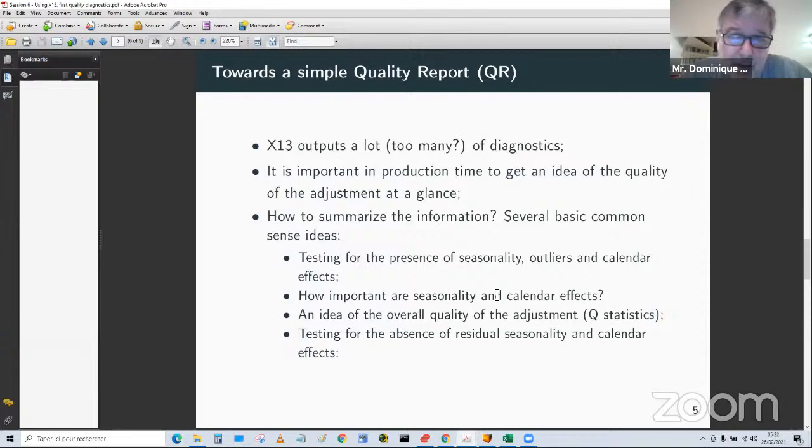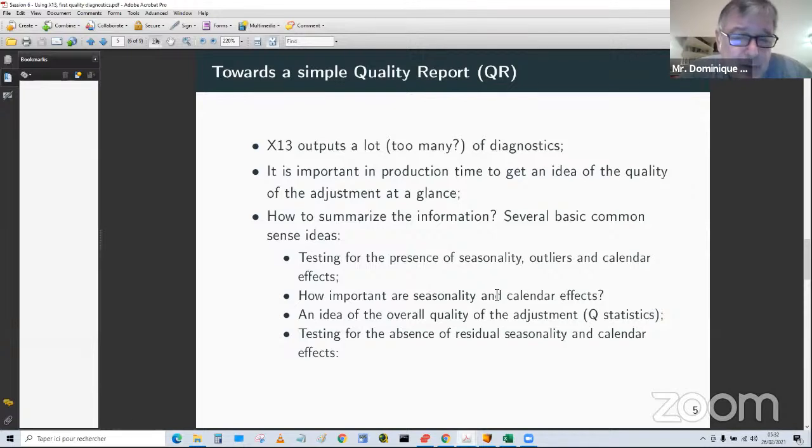So whether I have it or not doesn't make a difference in the economic interpretation of a series. So I'm not going to spend a lot of time on a series for which the seasonal component is tiny.